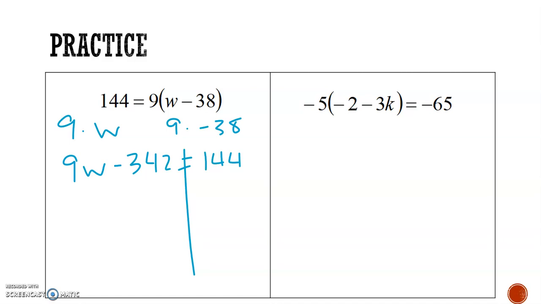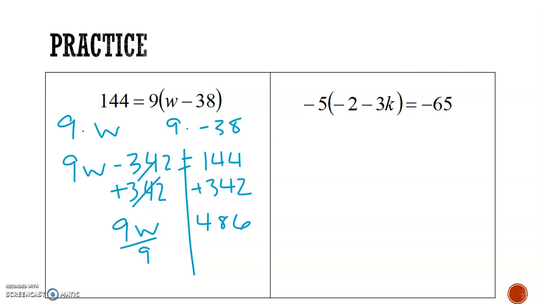So it says minus 342, so we're going to add 342 both sides. So we have 9w, and 144 plus 342 is 486. And then we're going to divide both sides by 9, and we have w equals 54.